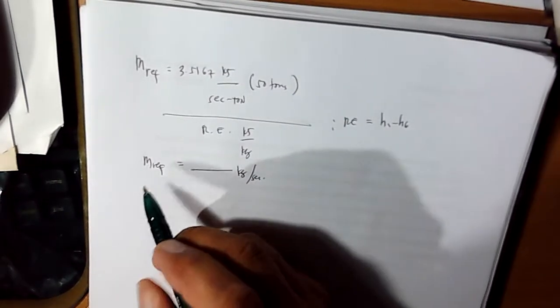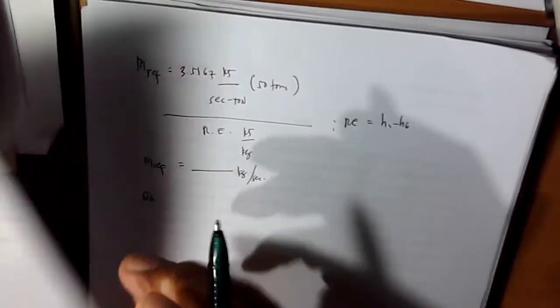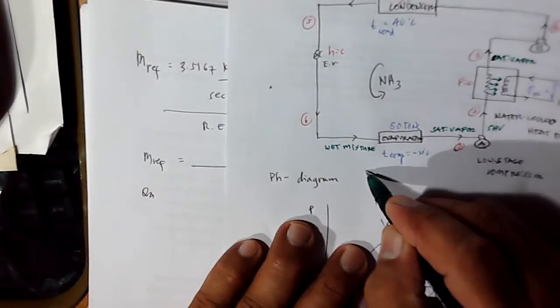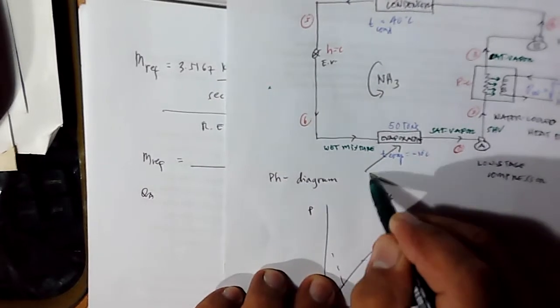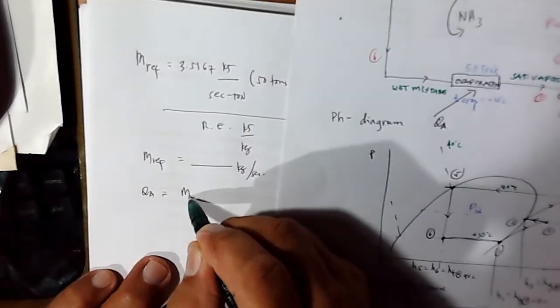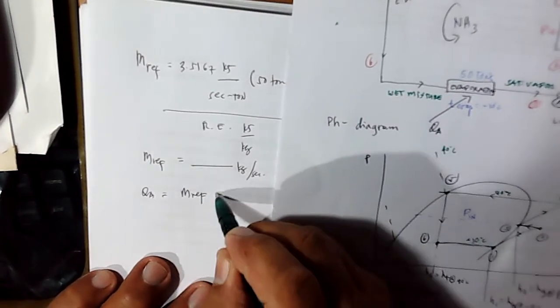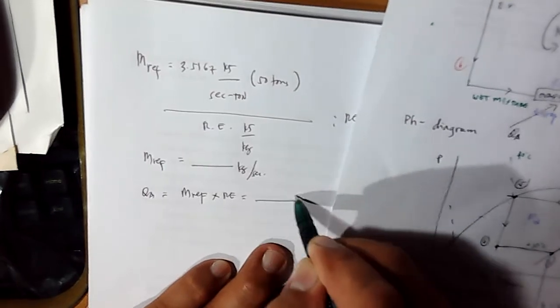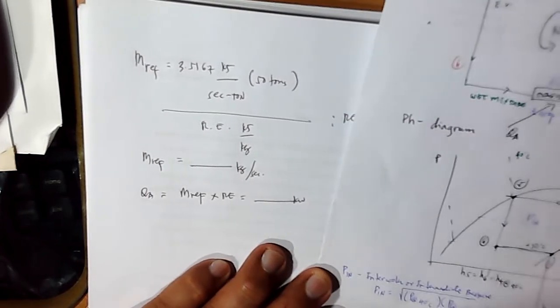You can now compute for QA, the heat added. Your QA is equal to mass of refrigerant multiplied by RE, that is in kilowatts.